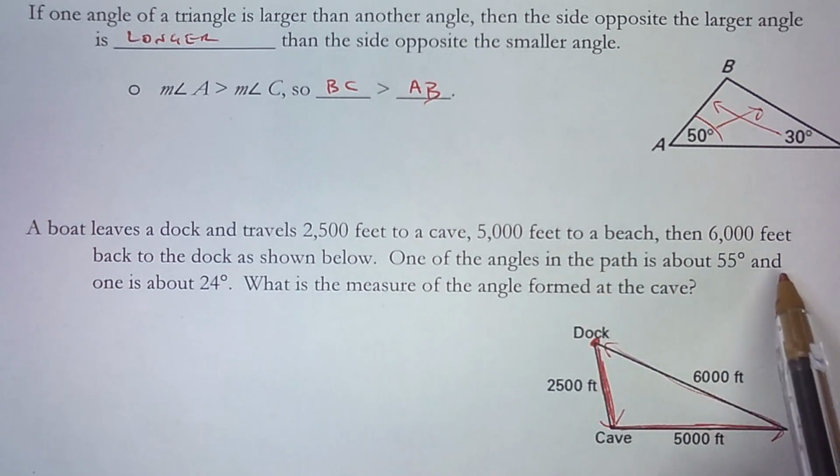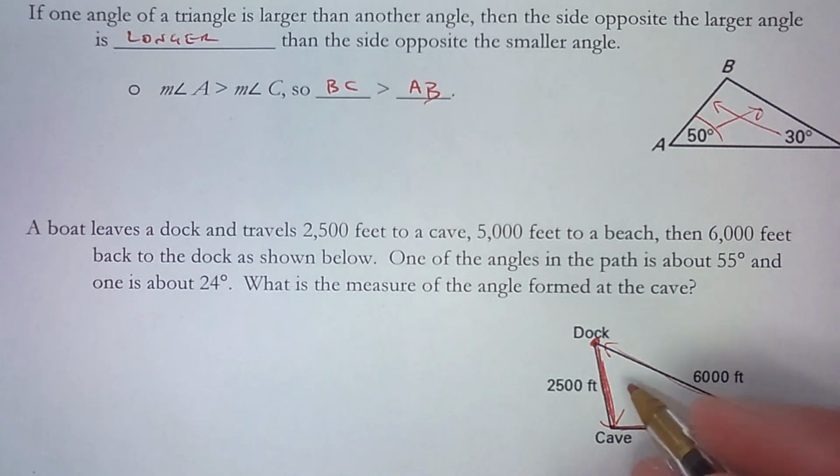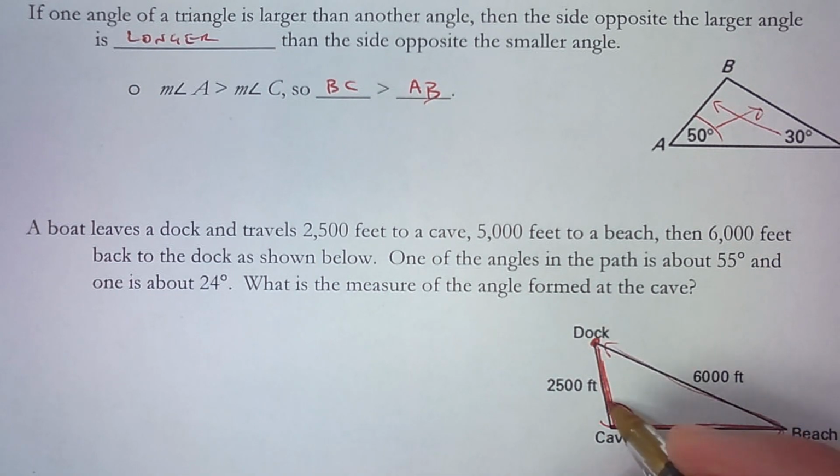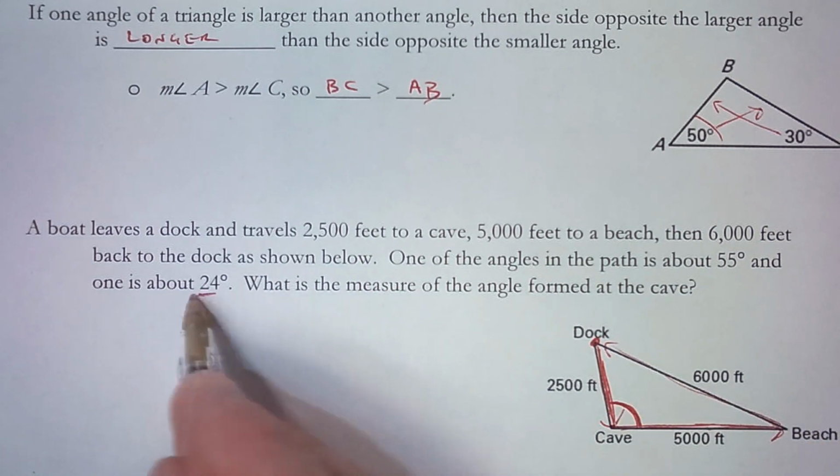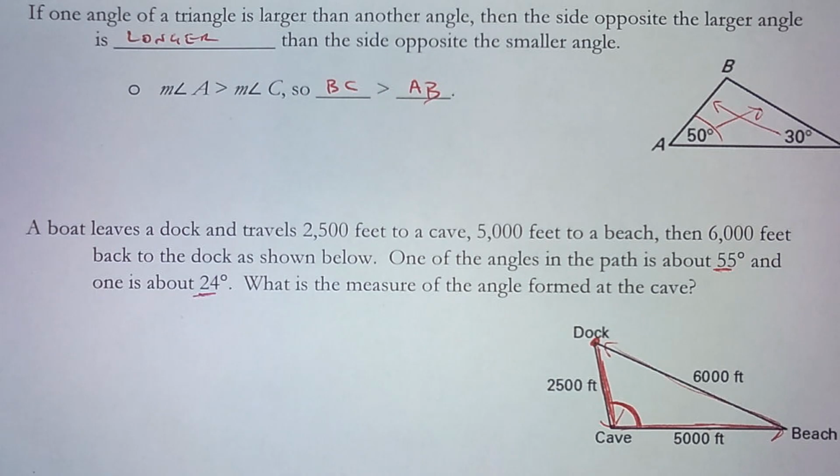One of the angles in the path is about 55 degrees, and one of them is about 24 degrees. What is the measure of the angle found at the cave? So here's the angle at the cave. I want to know that measure, knowing that two of the angles are 24 and 55.